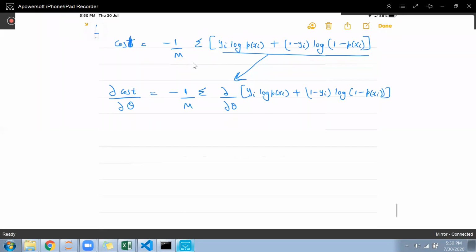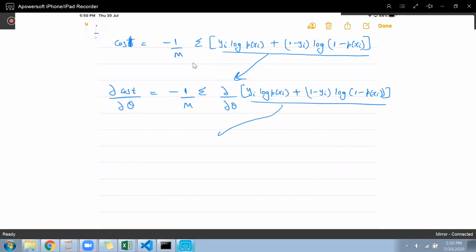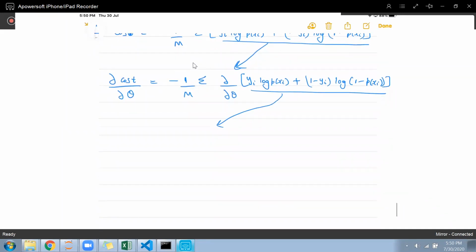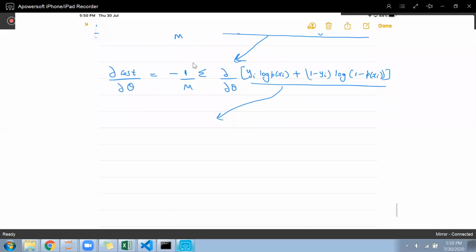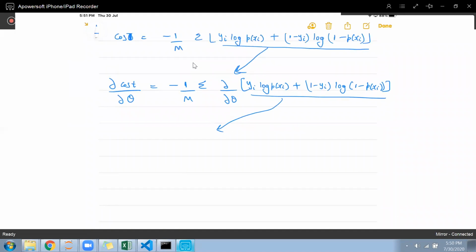All right, now I will just differentiate this part, and we'll see how we will differentiate. So can you tell me what will be the differentiation of this with respect to theta? In which term is the theta present? We cannot see theta over here, no? But in which part will theta be there?